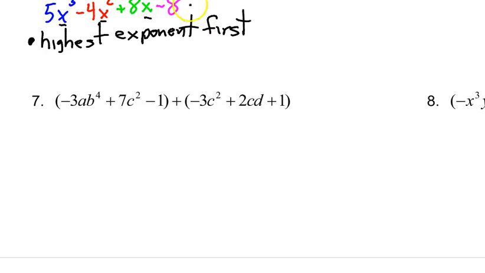So we have some c squareds, and those will be combined together. And we have some numbers, those can be combined together, but ab to the 4th and cd are completely different, so you cannot combine them. So those 2 terms will just be the exact same in the answer because there's no others to add or subtract to them. Right?